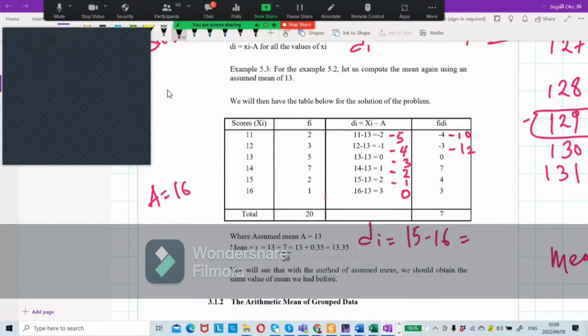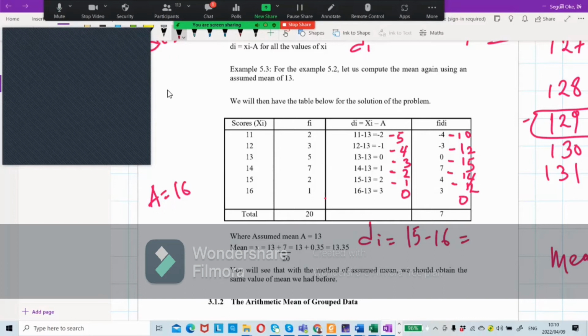Minus 3 multiplied by 5, minus 15. Minus 2 multiplied by 7, minus 14. Minus 1 multiplied by 2, minus 2. Then 0. So let's sum it together. Add it together, please, everybody.